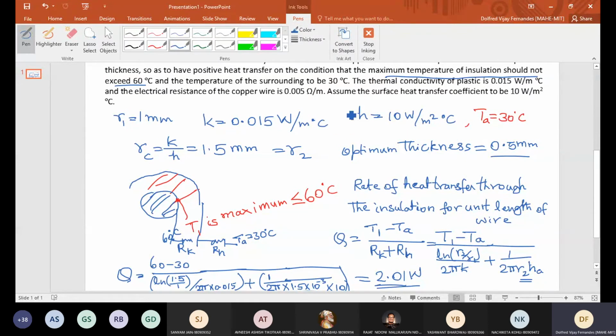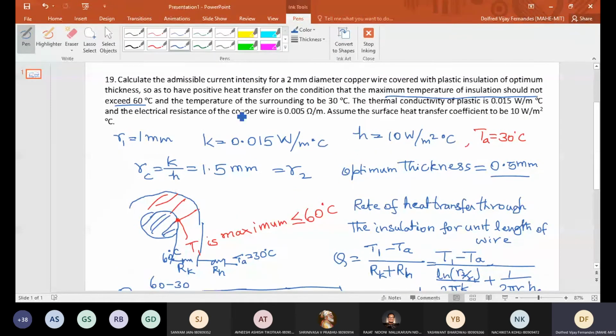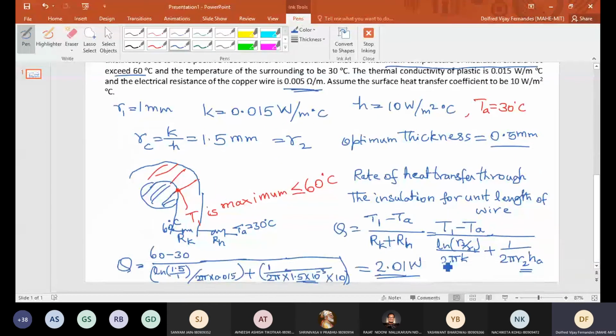The current intensity through the wire: I squared R. We know the resistance of the wire per meter is given. Since we are taking 1 meter length of the wire, resistance R is known, and the rate of heat generated should be 2.01 watts. So equate it and find out the current intensity.